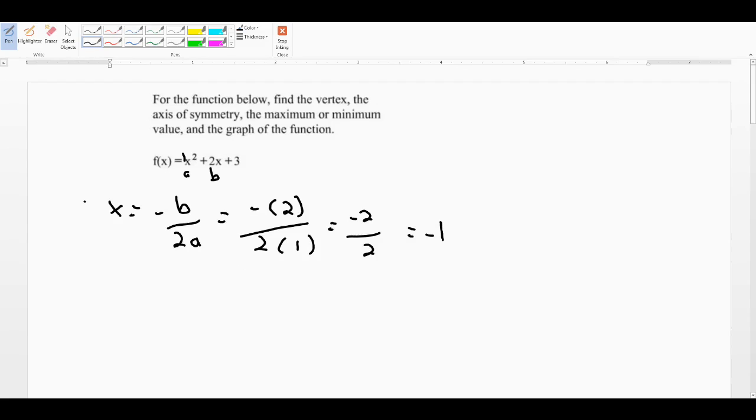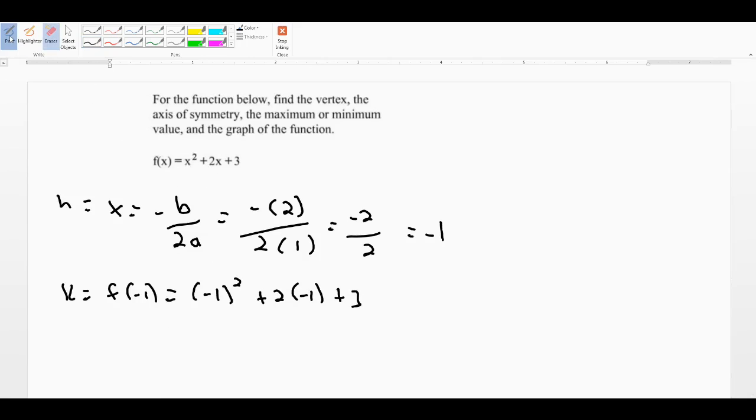Now that x is actually our h in our vertex. Now to find the k, we simply find f of negative 1. So what that means is we can substitute the negative 1 inside the function for the x. So that's all I'm doing, I'm just substituting the negative 1 for the x.